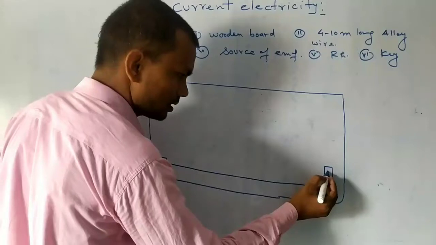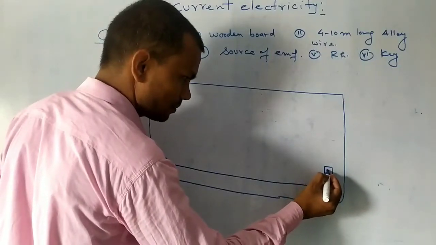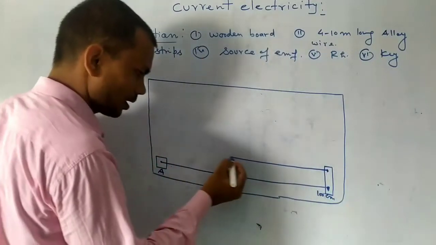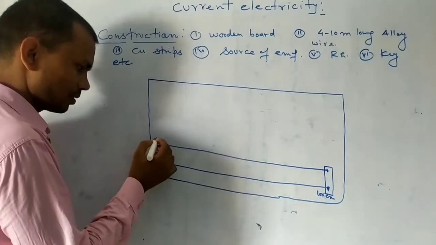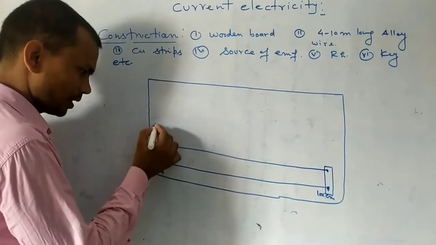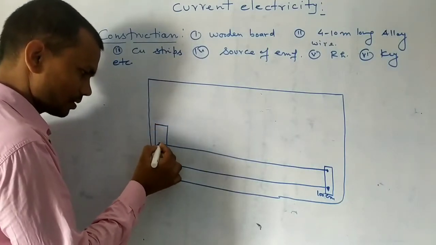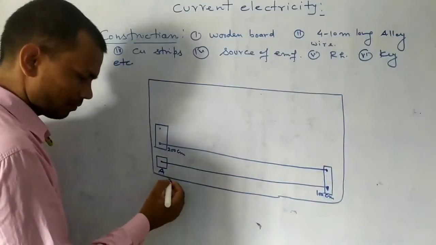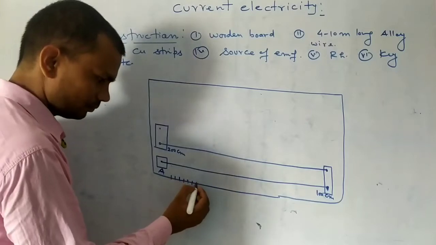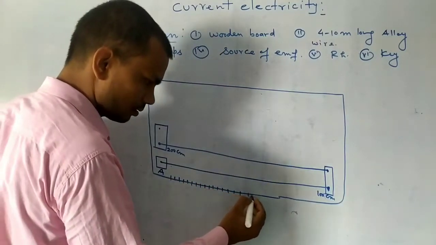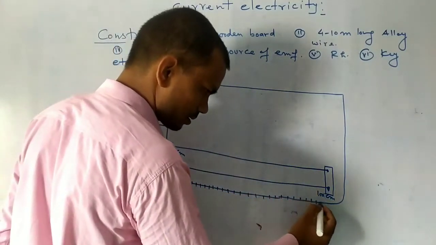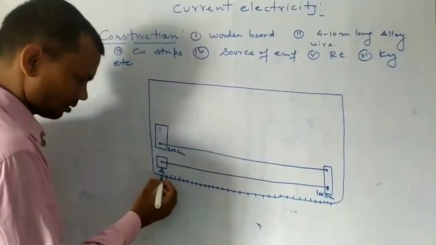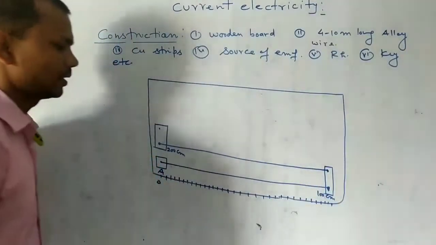Then from this point you attach the wire, again 100 centimeter, and here again one thick copper strip with two knobs. Now this is 200 centimeter, and here one scale of 1 meter is there, from 0 to 100 centimeter.